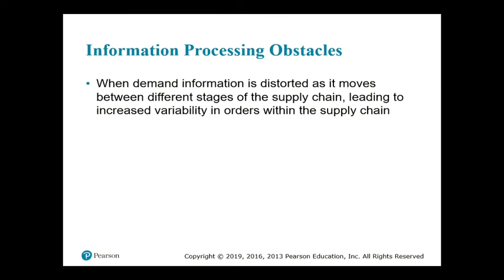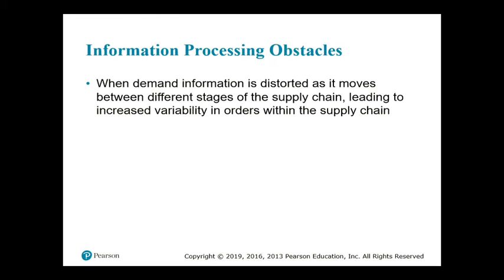The second obstacle relates to information processing. So as you saw in the beer game, in the first game, when we don't share information between different parties, as the demand information travels up the supply chain, it gets more and more distorted.